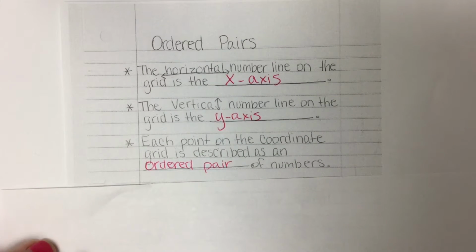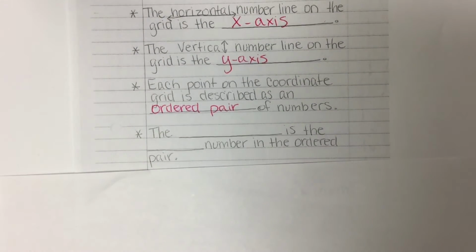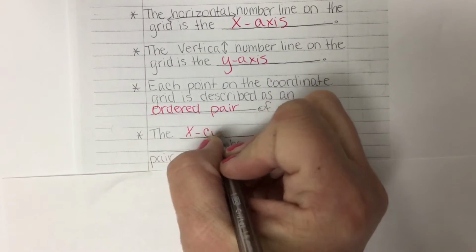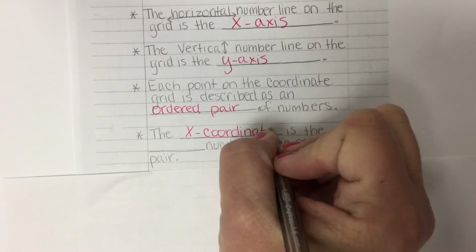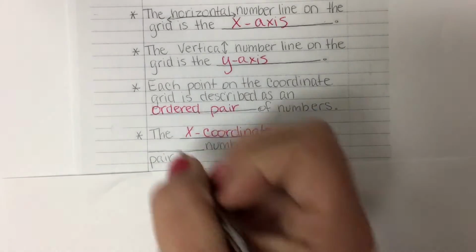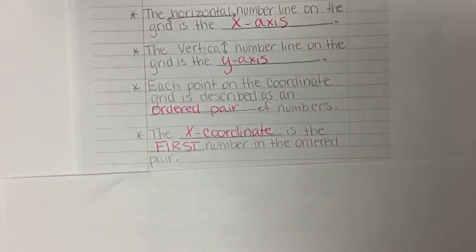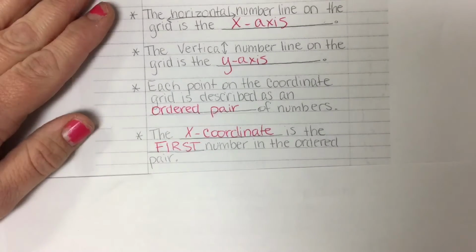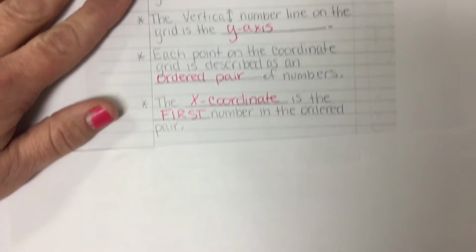Now, the x-coordinate is the first number in the ordered pair. We're going to show you what that looks like in just a second. So the x is the first number in the ordered pair.